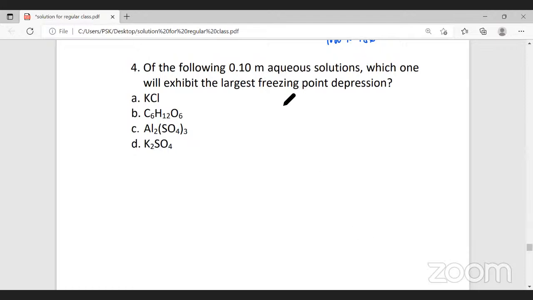Remember this formula: delta Tf is equal to i into Kf into m. i is called the Van 't Hoff factor. We'll learn about the Van 't Hoff factor a little later.